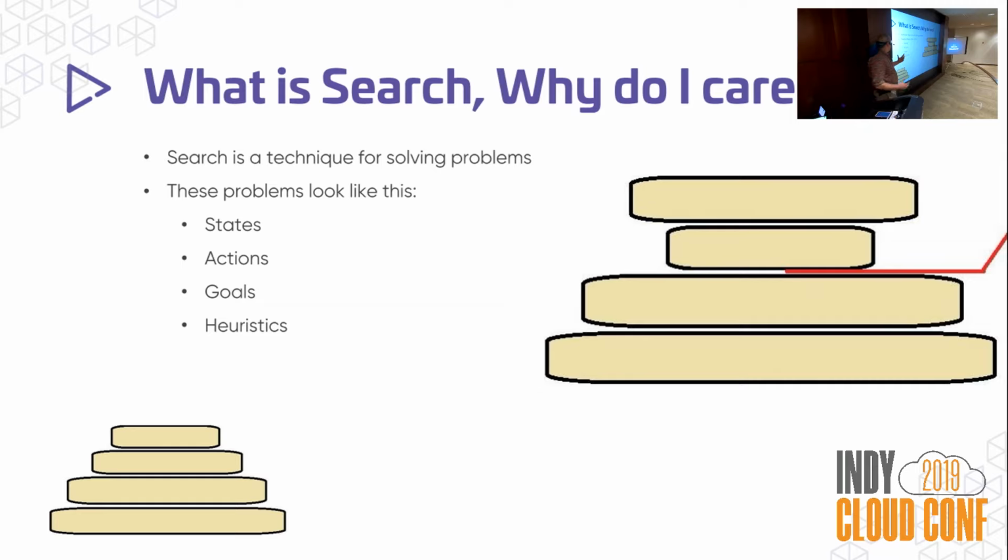So hopefully this ties back to the original grid world navigation problem, right? I have a state, and it is the situation of pancakes. I have some actions, and it's where do I insert the spatula to do the flipping. I have some goals, which is this lovely ziggurat of sweet cakes. And I have heuristics, which are things like how many pancakes are out of order, or how out of order are the pancakes that I have.